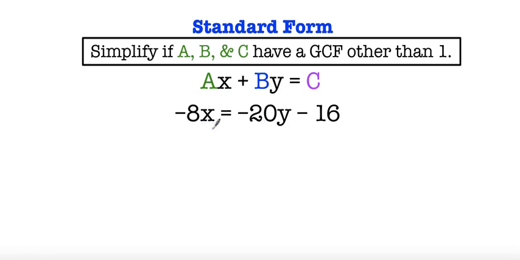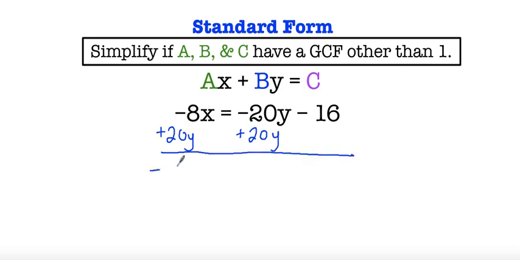So negative 8x is correct when it's first, and then I need my term with y. So I'm going to add 20y because that's the inverse operation. And so I have negative 8x plus 20y, this cancels out, is equal to negative 16.